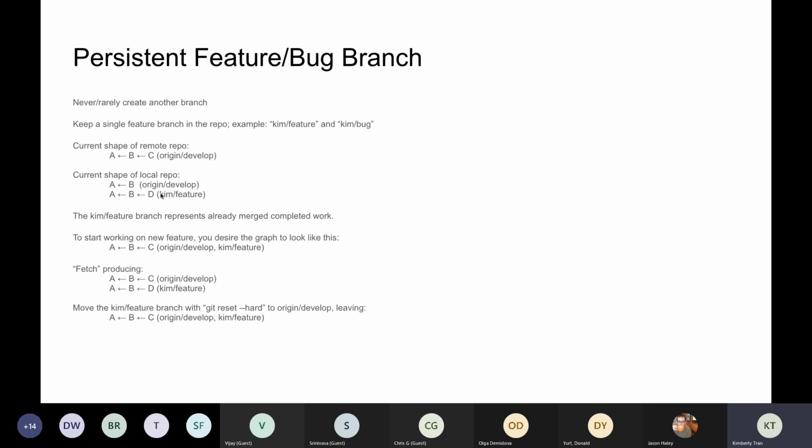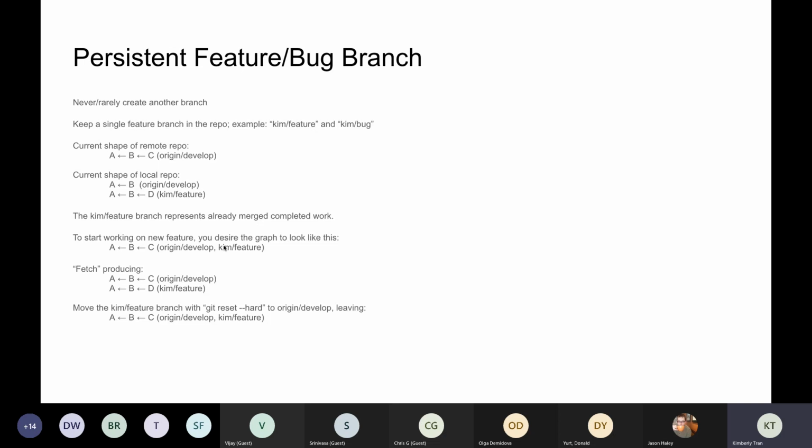In this case, the Kim feature branch represents work that's already merged, so I don't care about A, B, and D anymore, but I stay in this branch. What I want my graph to look like is this: when I start on my new feature, I want A, B, and C to be pointed at by both origin develop and my Kim feature branch.